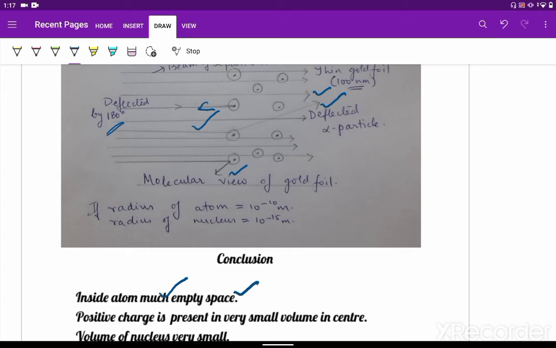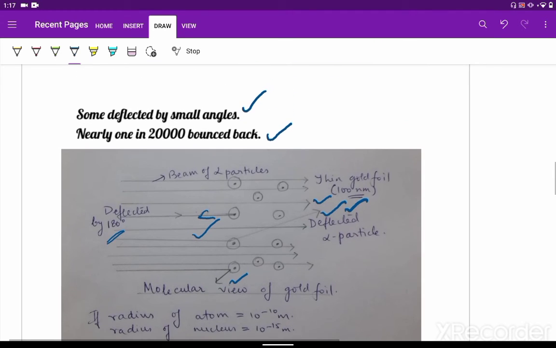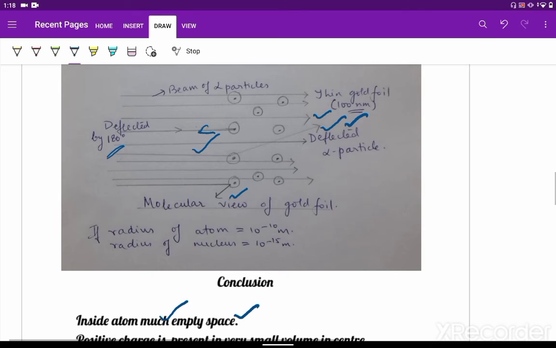And those alpha particles which were passing very close to the nucleus got deflected back. So from here we got this. Very few were deflected. And as I just told you, only 1 in 20,000 bounced back. That is 180-degree deflection.